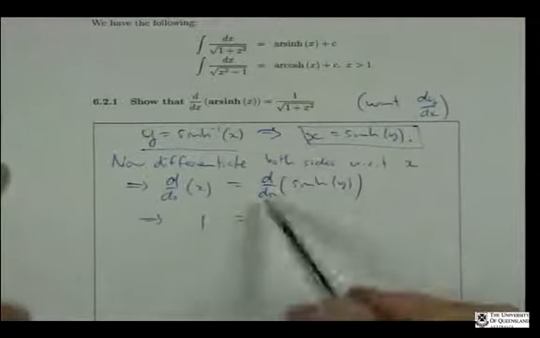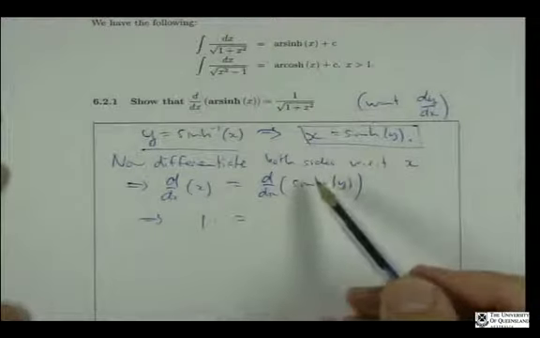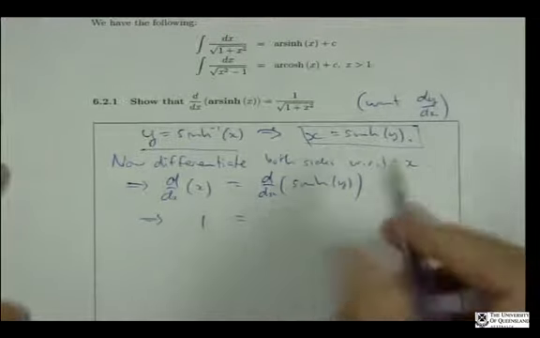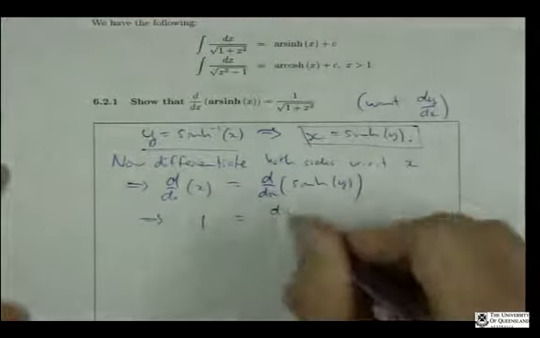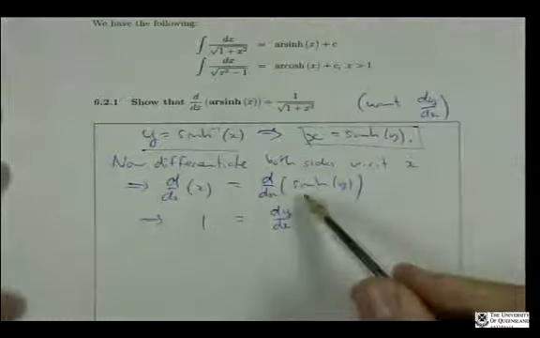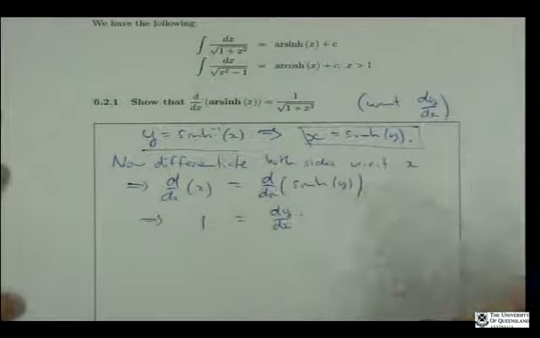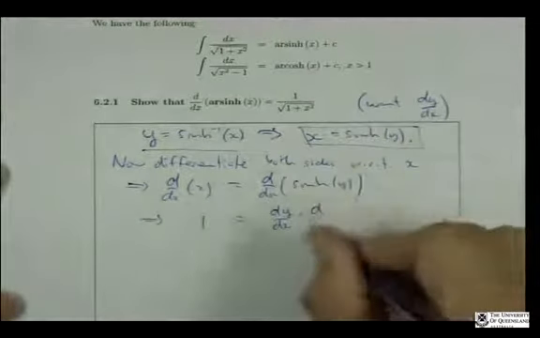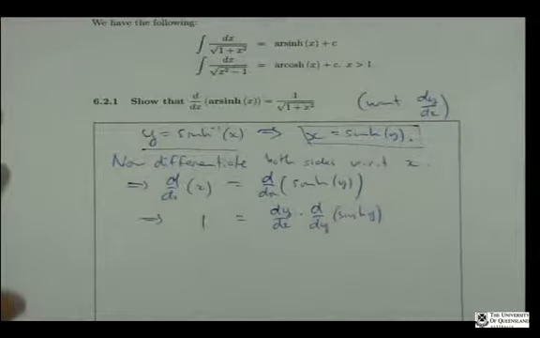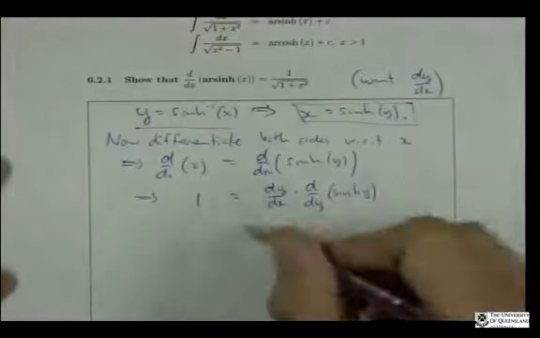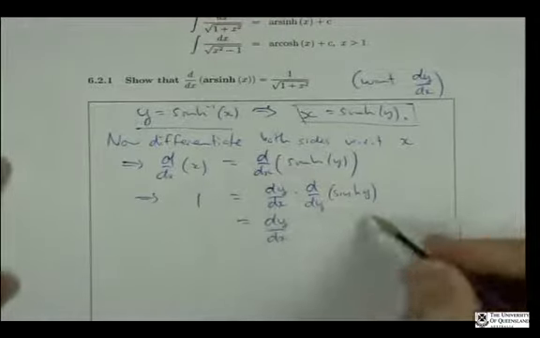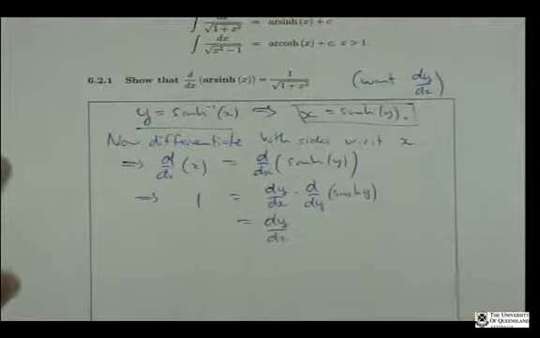On the right-hand side, y is a function of x, so that'll be dy dx multiplied by d sine y dy, which is just dy dx times, we know the derivative of sine is cosh.